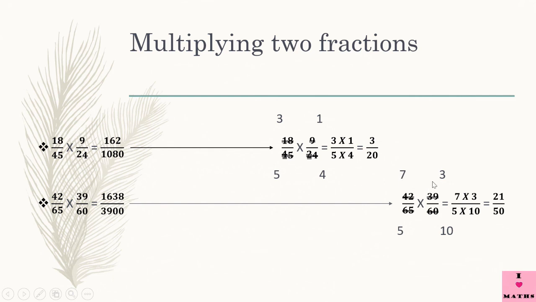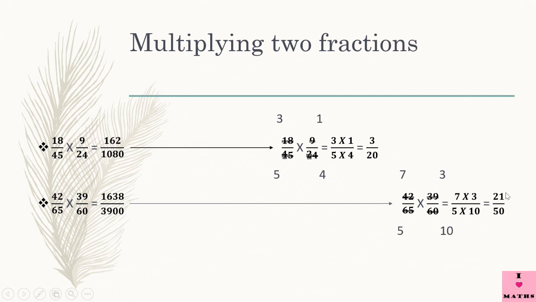So 7 multiplied by 3 we will write in the numerator and 5 multiplied by 10 we will write in the denominator. 7 threes are 21, 5 tens are 50. So 21 upon 50 is the product of these two fractions.